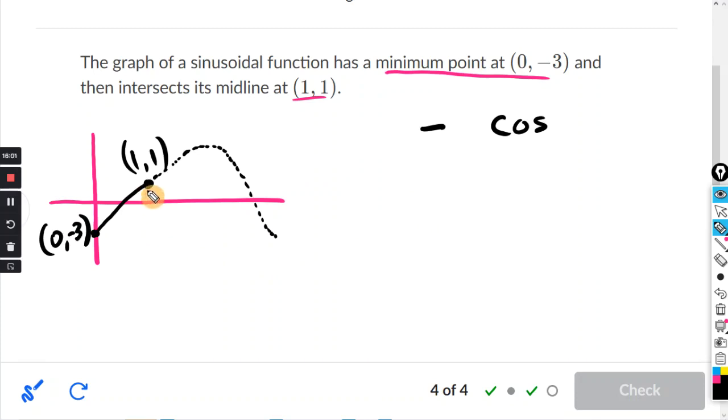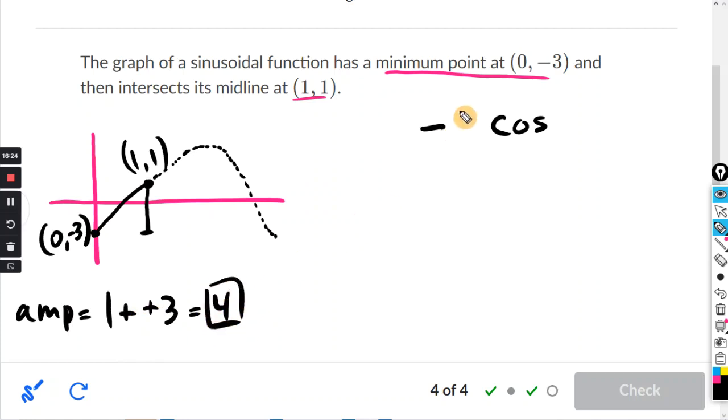The amplitude is the vertical distance from the midline to the minimum. So that's 1 minus -3. I don't need the absolute value because I put the bigger number first. So that's just going to be a 4. So that goes here.